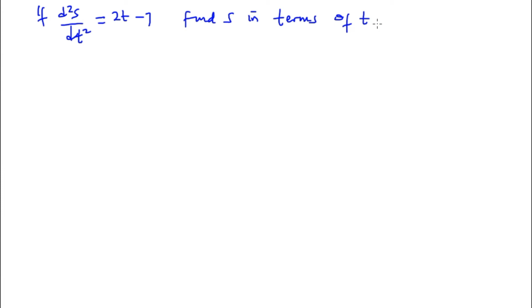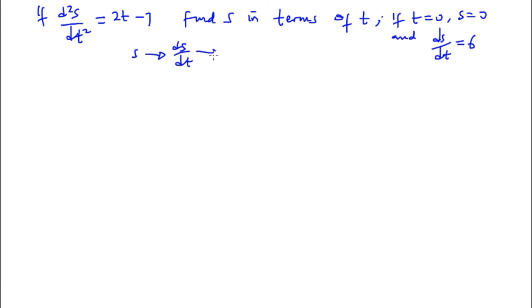Now there are some conditional statements: if t is equal to 0, s is equal to 0, and then ds over dt is equal to 6. Now let's see how we can go around this. Now I told you in one of those videos earlier on that if you differentiate s, you will have ds over dt.